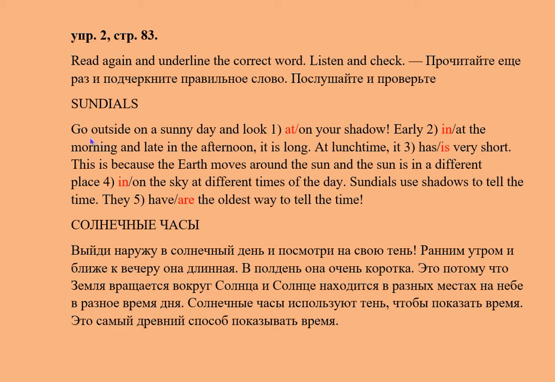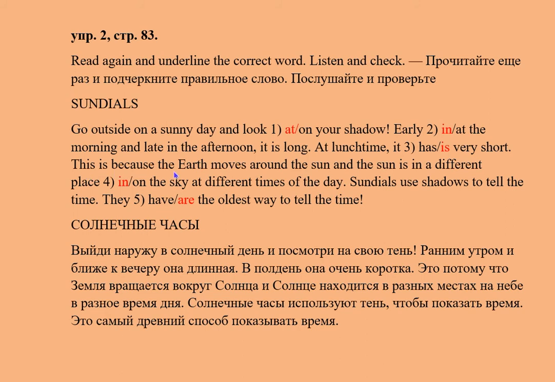Sundials. Go outside on a sunny day and look at your shadow. Early in the morning and late in the afternoon, it is long. At lunchtime it is very short.